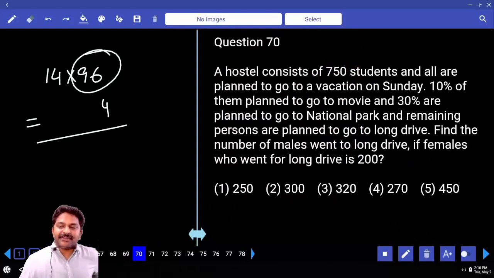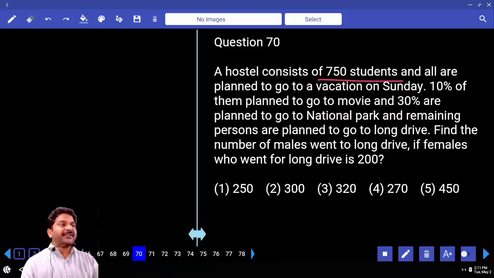A hostel consists of 750 students and all are planned to go to a vacation on Sunday. 10% of them plan to go to a movie and 30% are planned to go to National Park and the remaining persons are planned to go on a long drive. Find the number of male who went on the long drive if females who went for the long drive are 200. 750 students they said. That means they'll have both male and female. 10%, 30%.